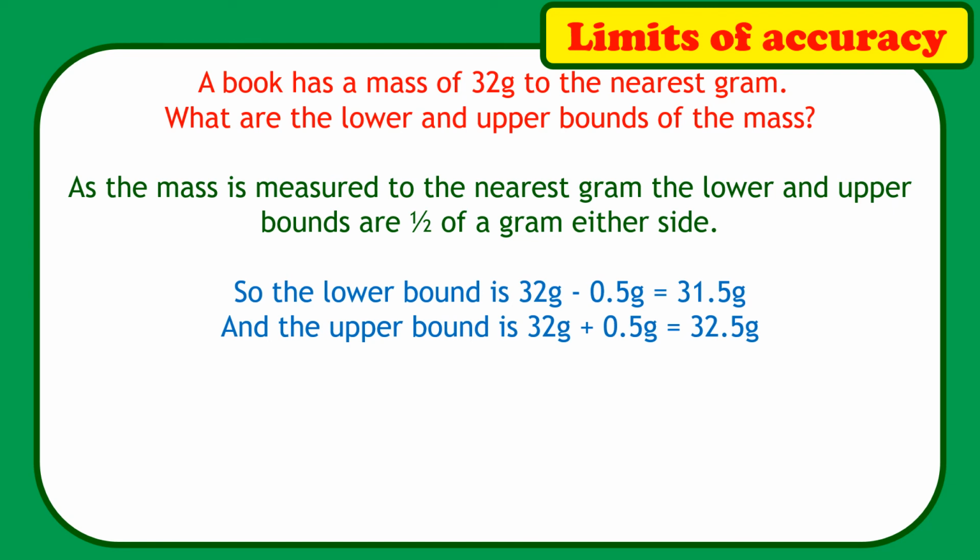So we've got 32 grams, take away half a gram, which gives us 31.5 grams as the lower bound. And for the upper bound, we're going to add the half a gram onto the 32 to give us 32.5 grams. So this is our lower bound, 31.5, and our upper bound, 32.5.